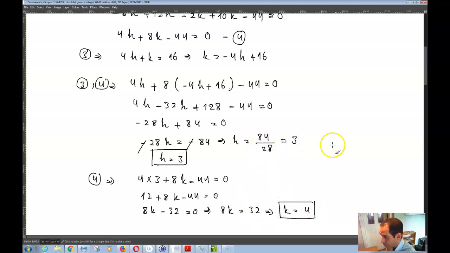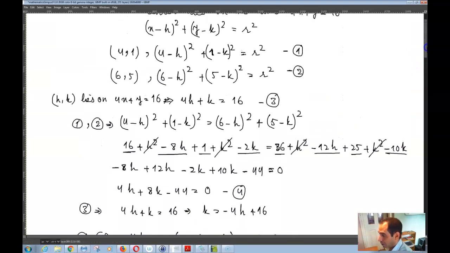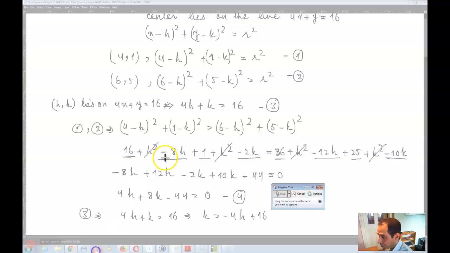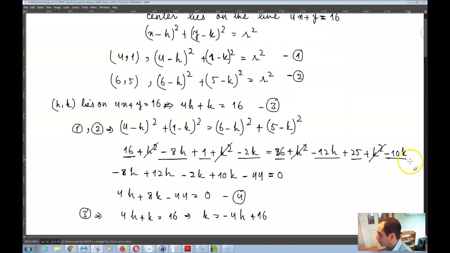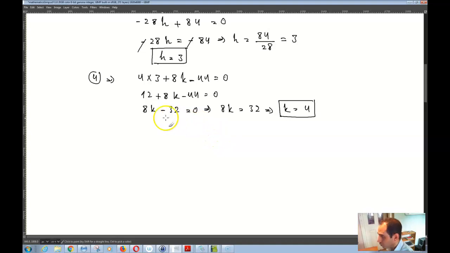And we can use one of these equations over here, for example this one, equation number 1. I just made a screenshot because I can see it down there. So equation number 1 gives 4 minus h whole squared plus 1 minus k whole squared is equal to r squared.